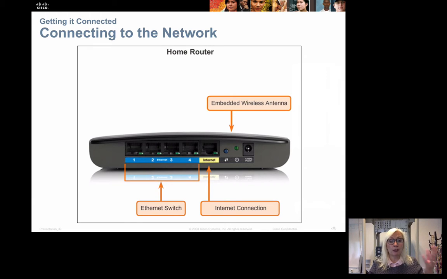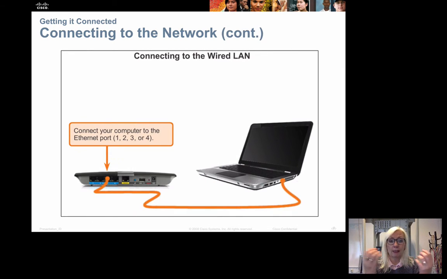You can have a built-in switch where you also connect these copper cables, and you can have a built-in antenna for the wireless connections. So typically, home routers and home devices will cover more than one type of media. And all these media will tell you exactly what kind of cable type you will use, but also how the communication is sent out on the different types of media.